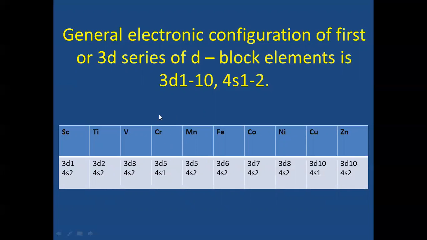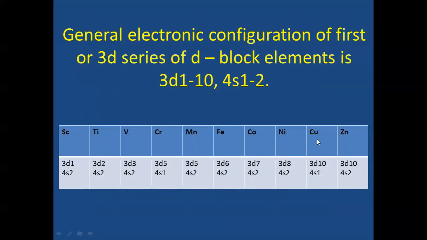The sum of these two should be least, then only it is considered stable or the correct way of writing the electronic configuration. There are two elements in which we may get confused. One is chromium with atomic number 24, another is copper, the 29th element, with atomic number 29.